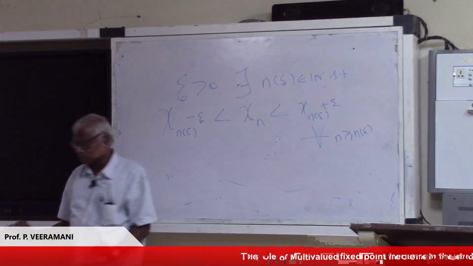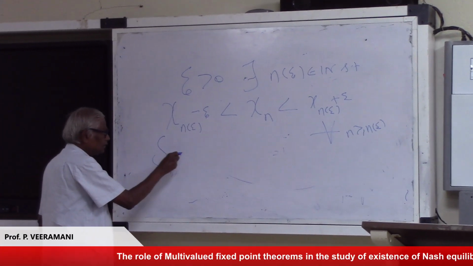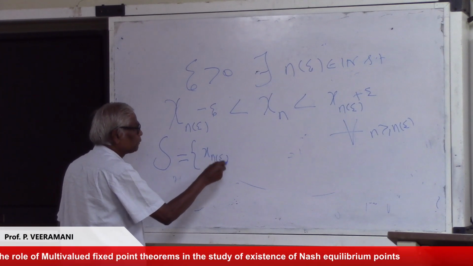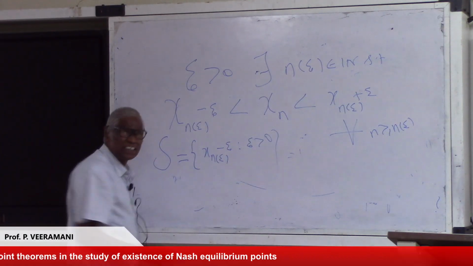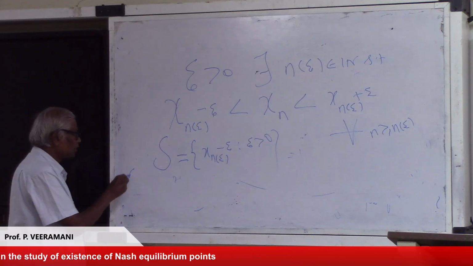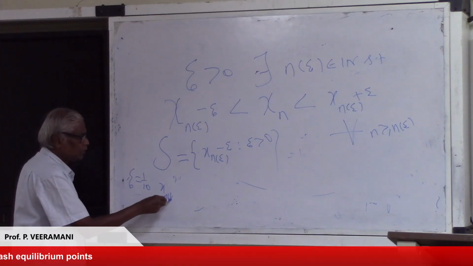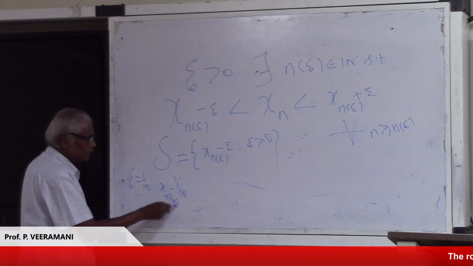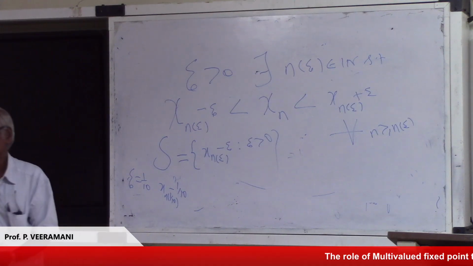This is using the Cauchy sequence. Then we selected S equal to x n of epsilon minus epsilon, for epsilon positive. For example, if epsilon equals 1 by 10, then x n of 1 by 10 minus 1 by 10; this is only a notation. Like that we get one for every epsilon.